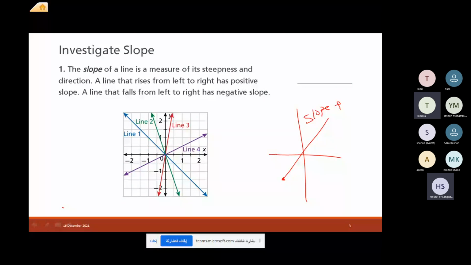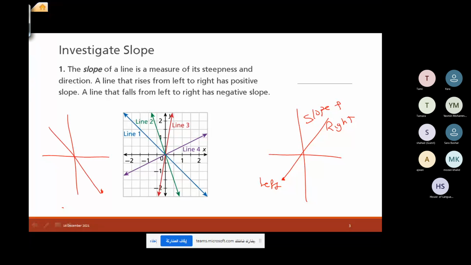It goes from left to right. But teacher, it can come from any point, like from the right to the left. If it is from right to left, you look at it. How do you know? When you want to make sure if it is increasing or decreasing, look at it from the left.